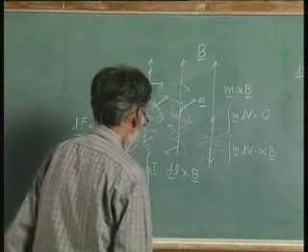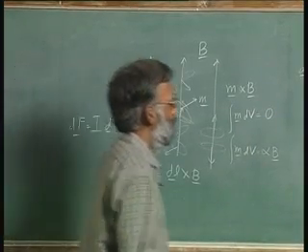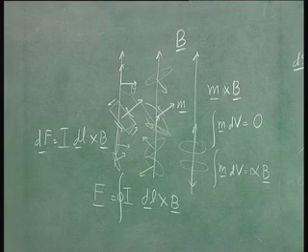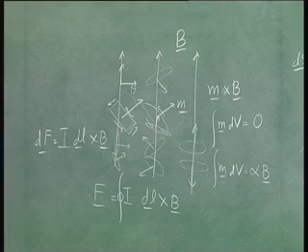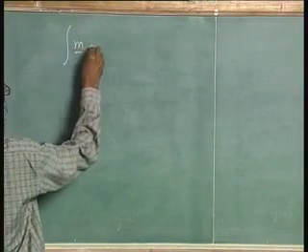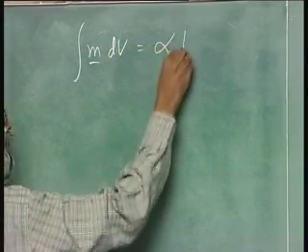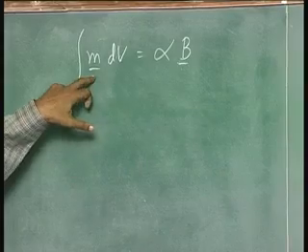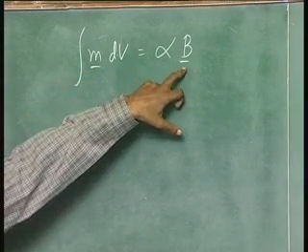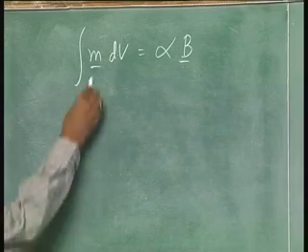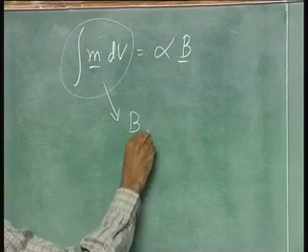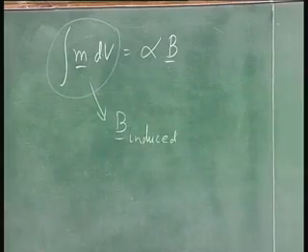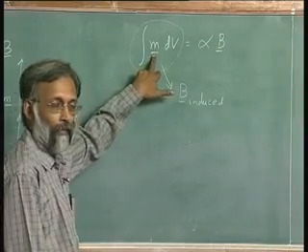What is the consequence? Now, you have that your volume average of the internal spins are proportional to B, then what is going to happen is that these magnetic moments are going to create B induced, because each of them is capable of creating a magnetic field.